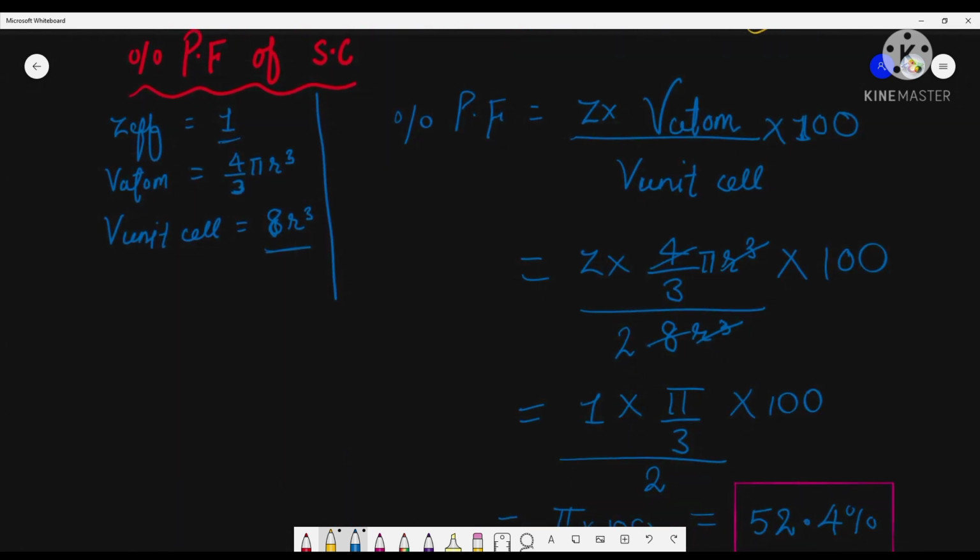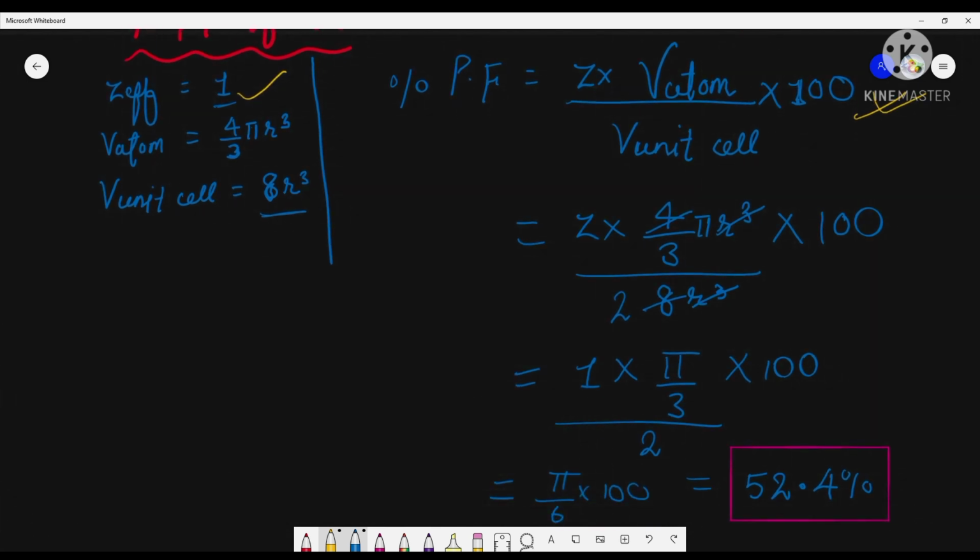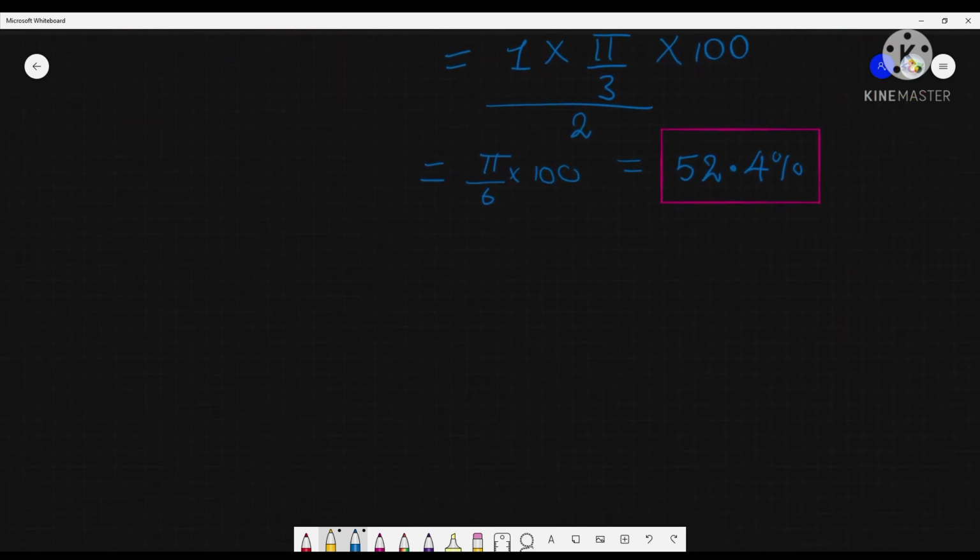For finding the packing fraction of simple cubic, we knew Z effective is 1, and the percentage packing fraction is equal to Z into volume of atom by volume of unit cell into 100. This is the formula for calculating the packing fraction of any unit cell, and here we put in all the values and finally got this answer.